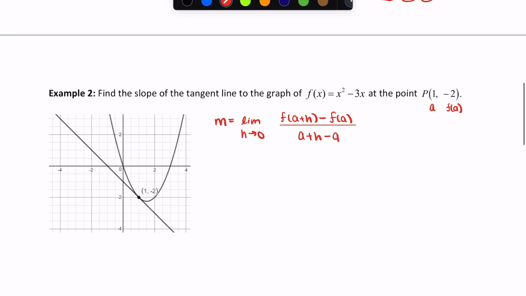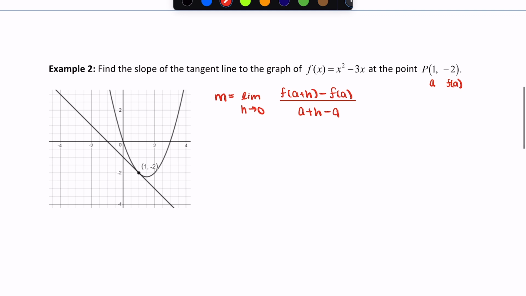And again, here we know that the a's will cancel out. So we'll be left with the limit as h approaches 0. And we can start subbing the values we have in. And so we know that a is going to be 1. So we have f(1 + h) − f(1) over h.